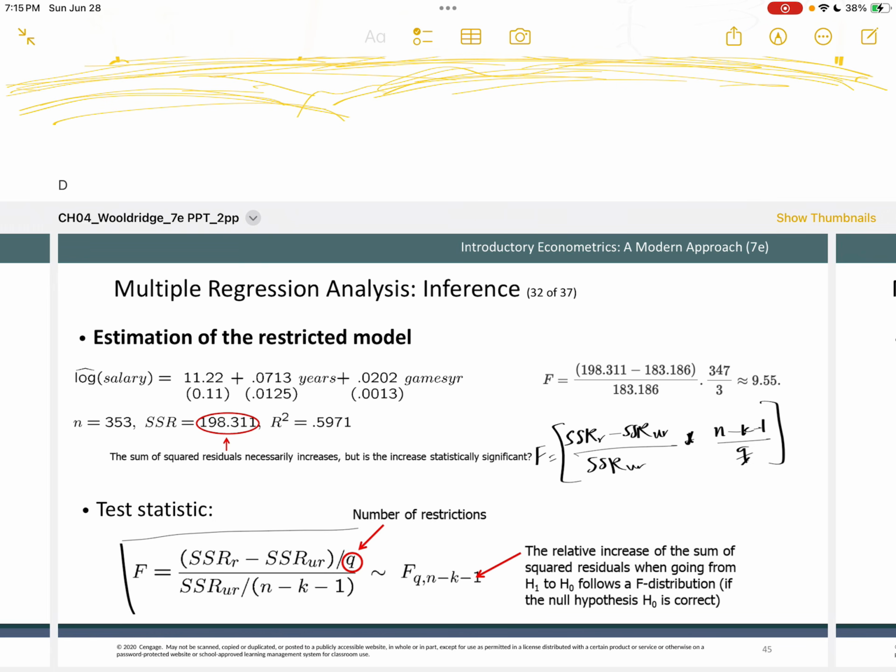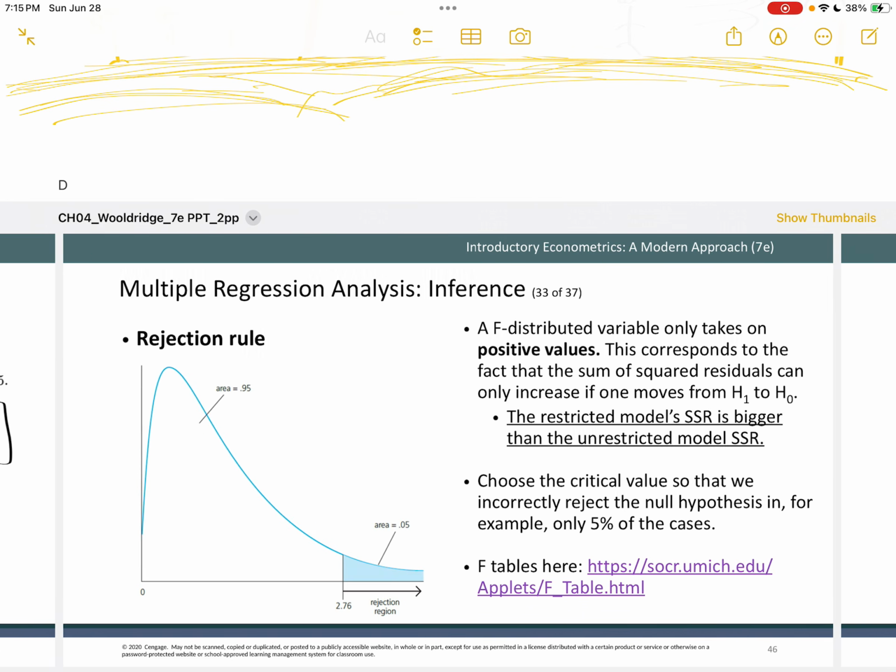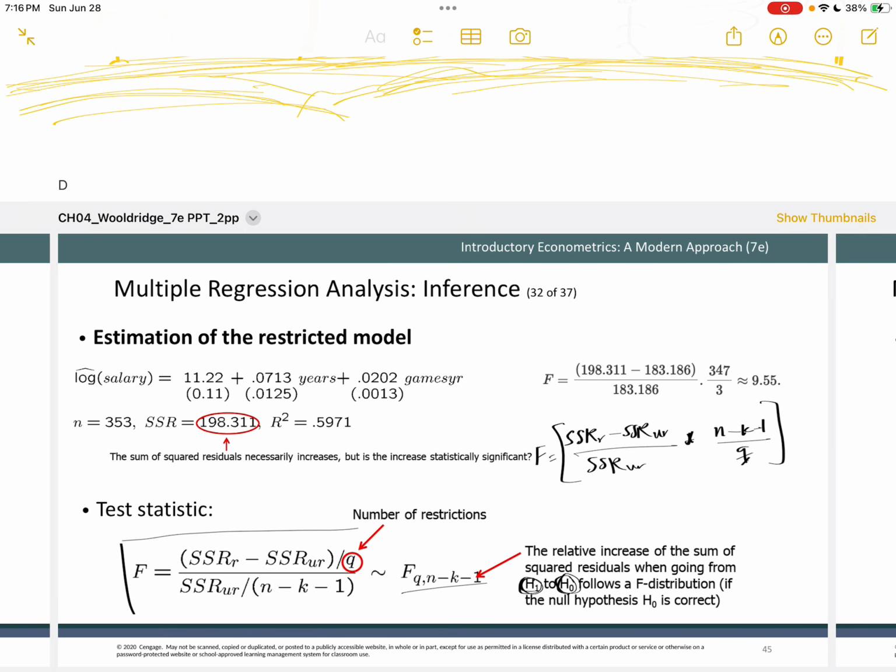So this is the relative increase of the sum of squared residuals when you go from an unrestricted model, that the alternative hypothesis favors, to a restricted model, that the null hypothesis favors, and it follows an F distribution, that is if the null is correct.